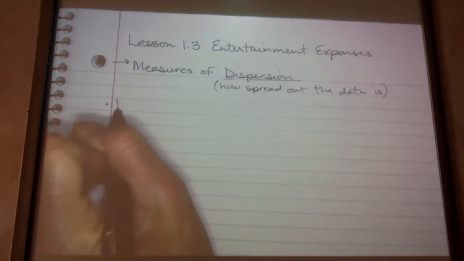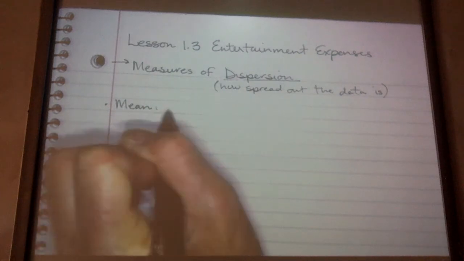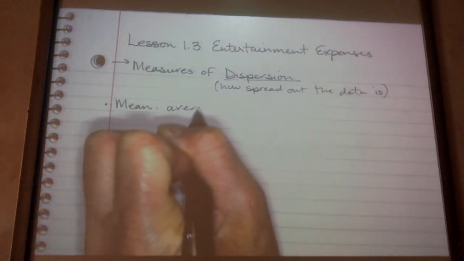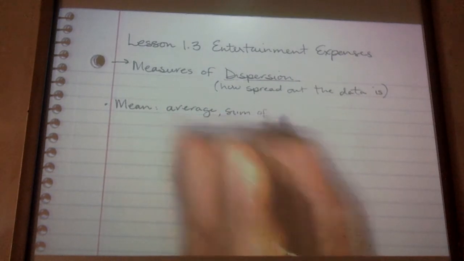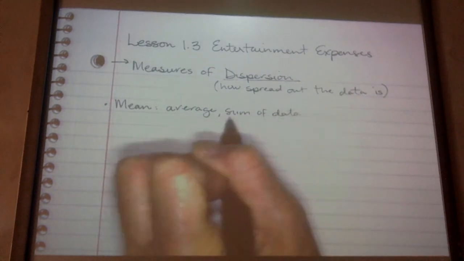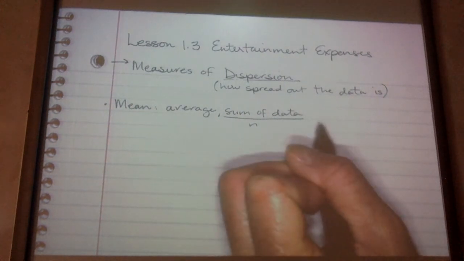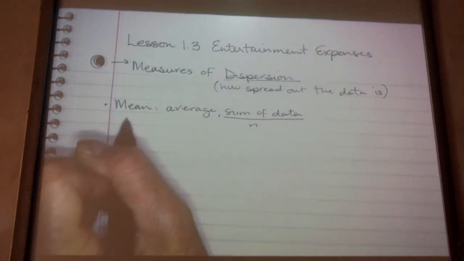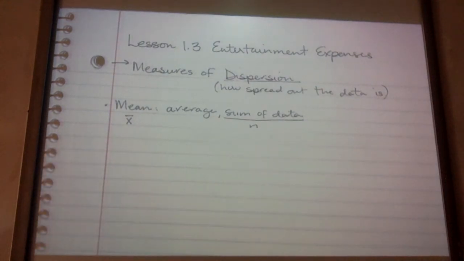There is mean. Right? We know that is the average. It's simply the sum of your data divided by n. Okay? And also, it has a symbol. The symbol for mean is X with a line above it. So if you see that symbol, you know it's referring to mean.